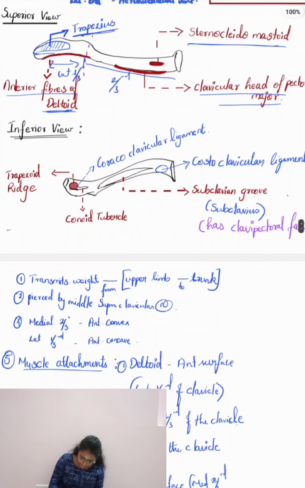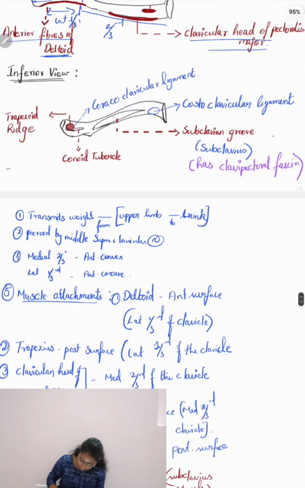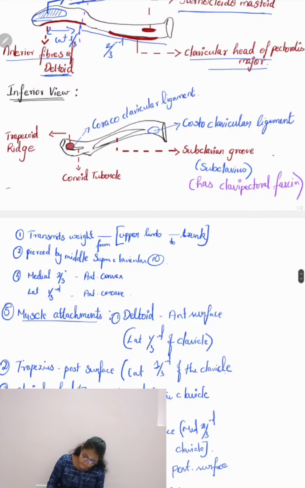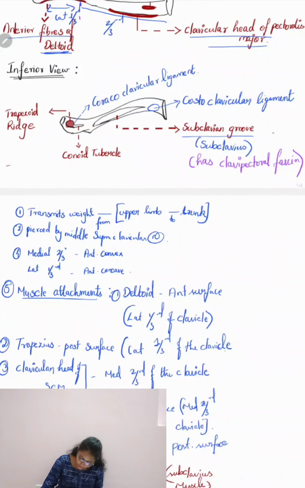The inferior surface of the clavicle has the subclavian groove, and the subclavian groove has the subclavius muscle.